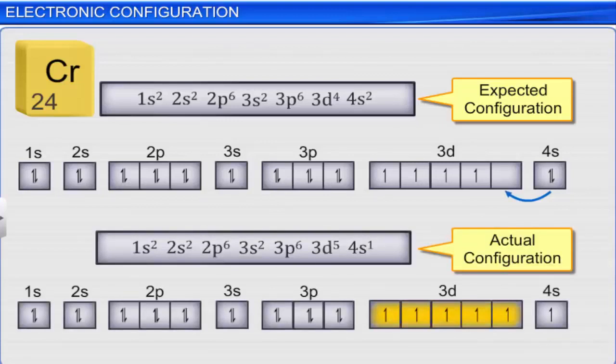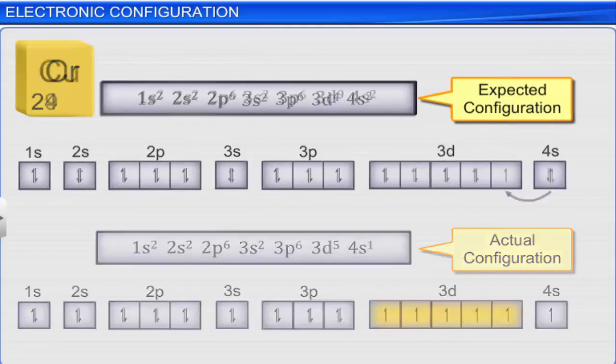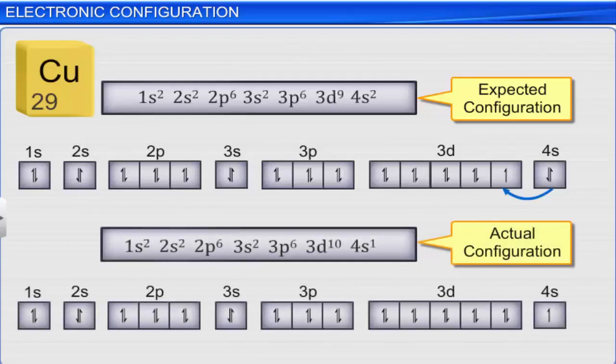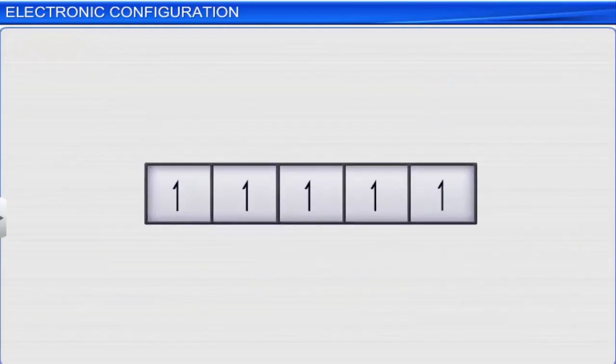Similarly, in the expected electronic configuration of copper, if one electron from the lower energy 4s orbital is shifted to higher energy 3d orbital, it will make the distribution of electrons symmetrical and hence will impart more stability. Stability also occurs whenever two or more electrons with the same spin are present in the degenerate orbitals of a subshell.